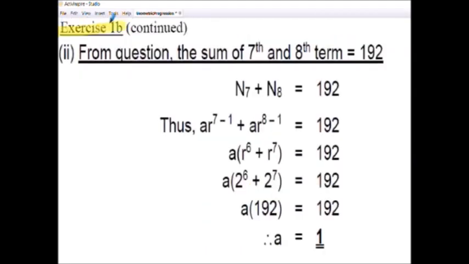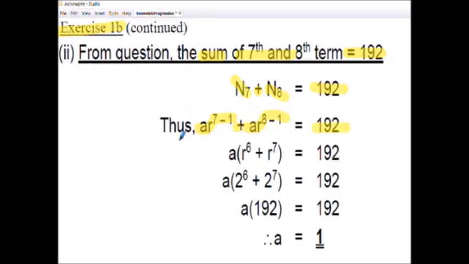Exercise 1b continued. So from the question we know also that the sum of the 7th and 8th terms is equal to 192. So in this case, mathematically speaking, I can write n7 plus n8 is equal to 192. I'll let you think that through. If I put the formula in for n7, I would get ar to the 7 minus 1, plus ar to the 8 minus 1, is equal to 192.